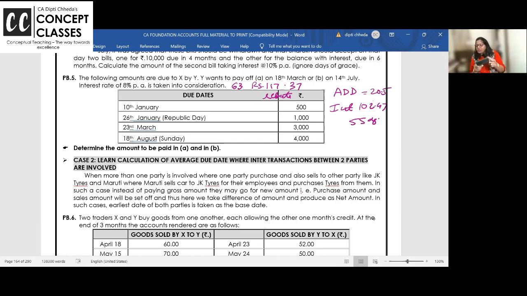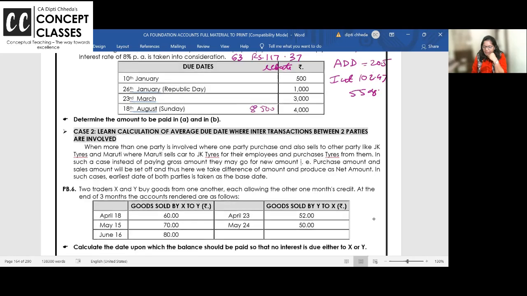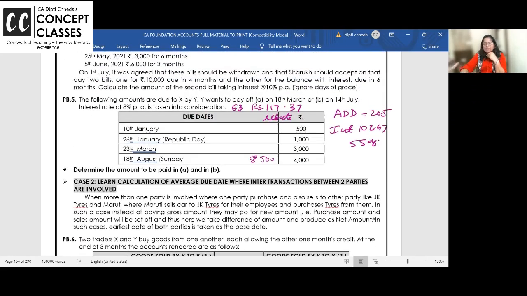Can calculate now: 11 days of May, 30 days of June, 14 days of July. 55 days interest you will have to pay if you pay later than the due date. And if you pay interest, add it in the total amount. Total amount is 8,500 plus 102 interest, and in the other case 8,500 minus rebate. Very easy it is. Write it down, and if you have any doubt, ask.